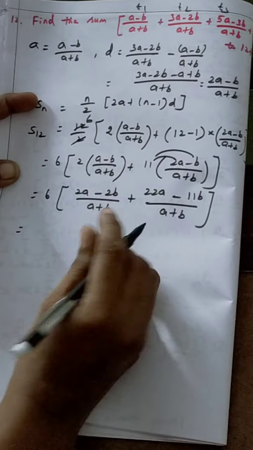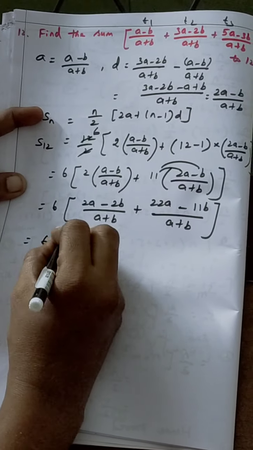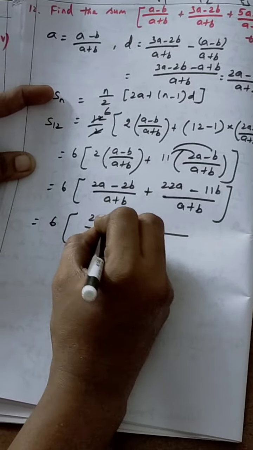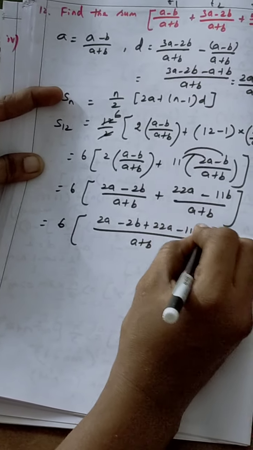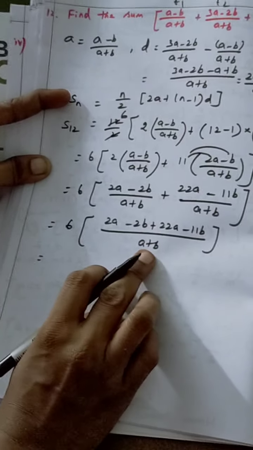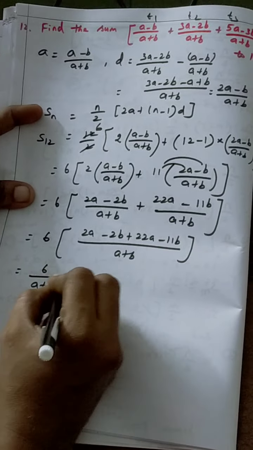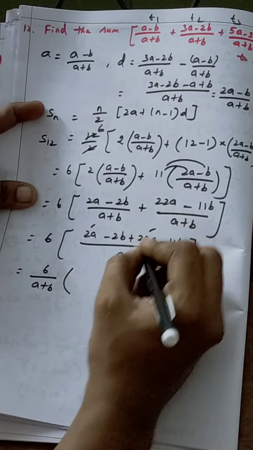The next step: (a plus b) is common to both terms, so apply it one more time. Write the numerator terms 2a minus 2b plus 22a minus 11b. Mention a plus b and write it outside: 6 divided by (a plus b) within bracket. Now like terms: 2a and 22a.